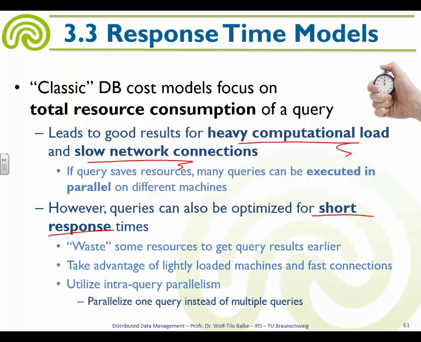So in many, especially cloud-based solutions, this response time is the main thing. So you could waste some resources, so computing resources, or even network transfers to get the query results quickly, right? And that means especially that you need this kind of load balancing that I just talked about, right?